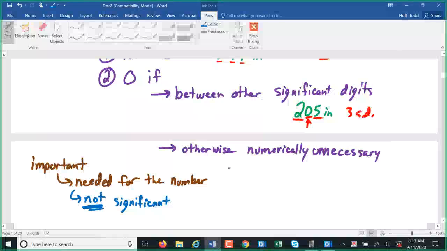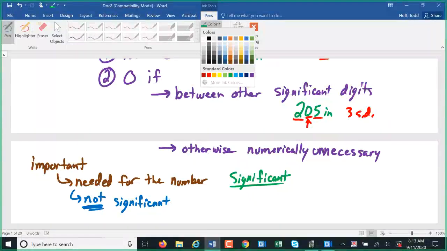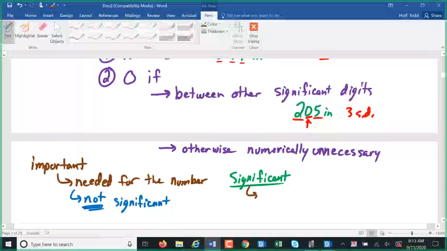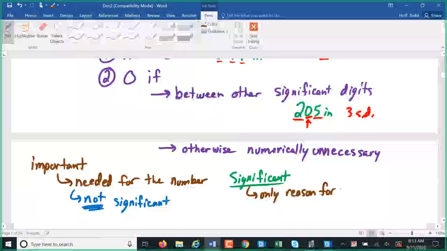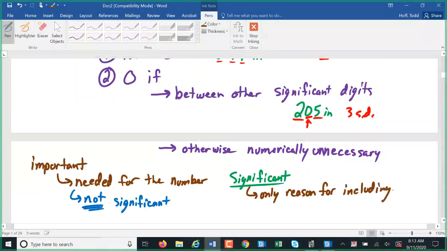Significant means the only reason for including it is it's part of the measurement.